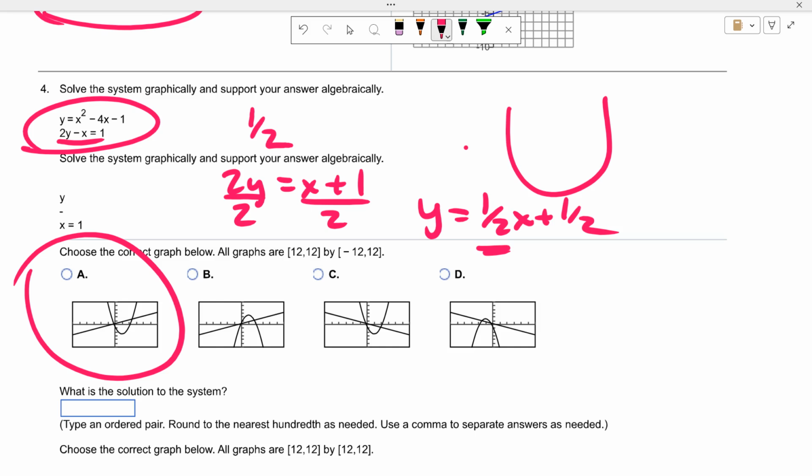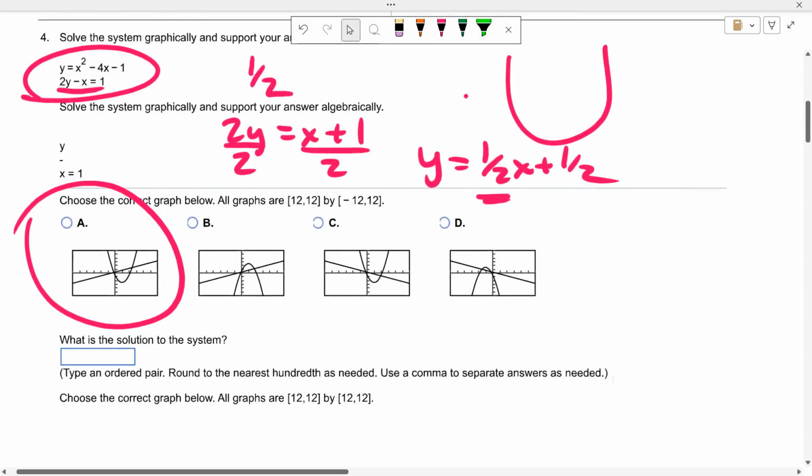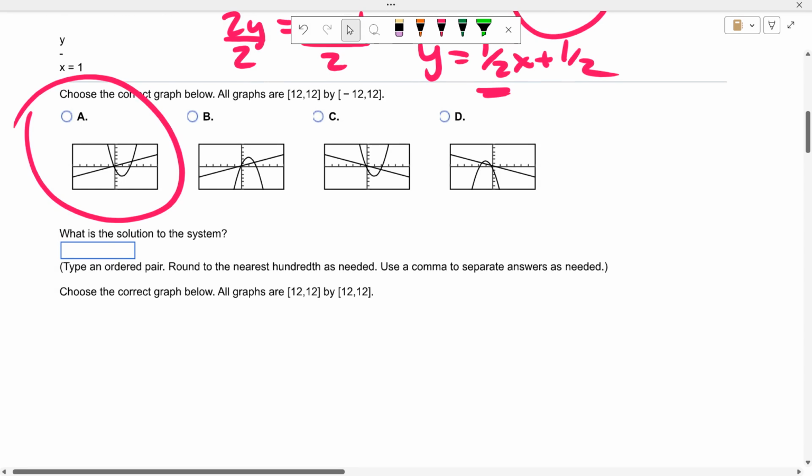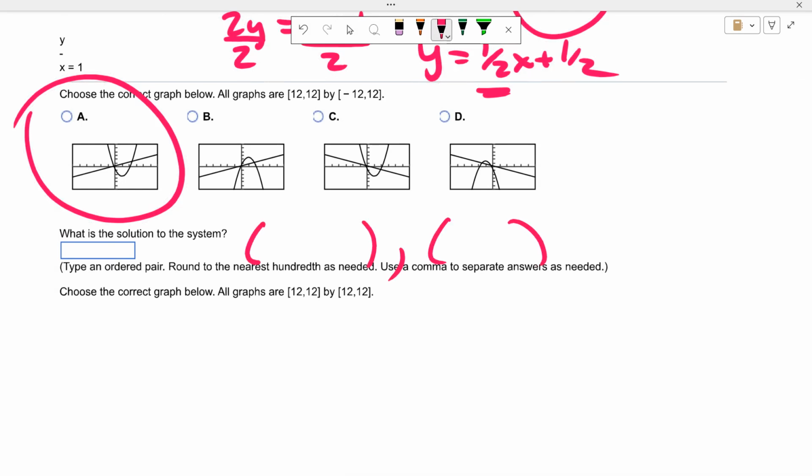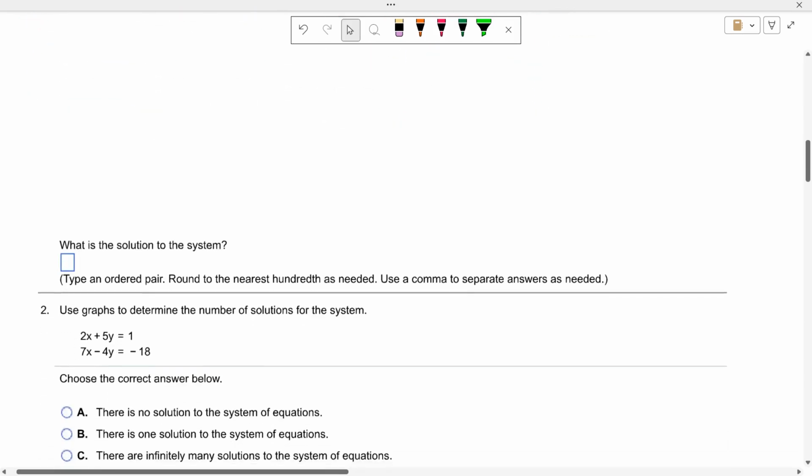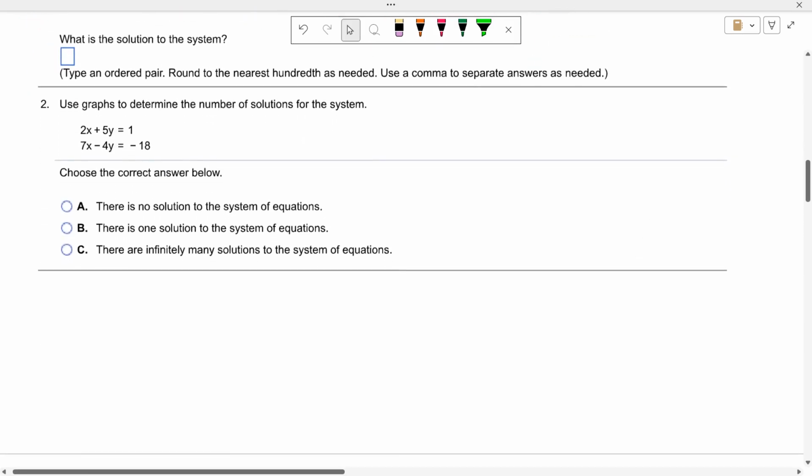So you would just graph them both on your graphing calculator, find out where they intersect, and where the two intersect, you'd put those ordered pairs down. Okay, so there should be 2 ordered pairs with a comma in between. Okay, are we good? You can do that. Yeah, everybody knows how to find the intersection on graphing calculators, right? Okay. All right.